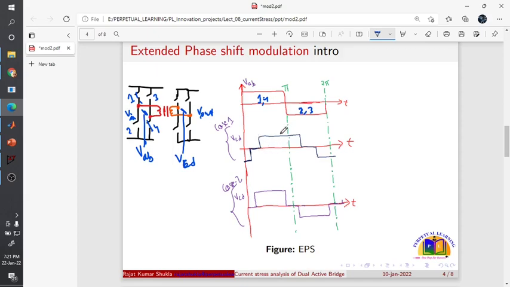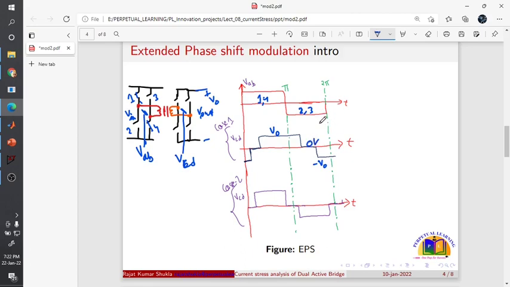So let me show you, the extended phase shift modulation technique has two modes of operation, two cases of operation, where the impressed voltage here, in the steady state condition, has some amount of voltage V0. Then this magnitude will be V0, and this magnitude will be minus V0, and this is the 0 volt obviously.